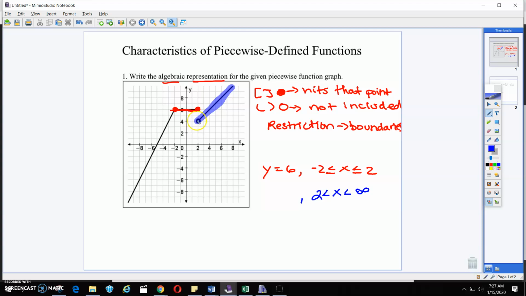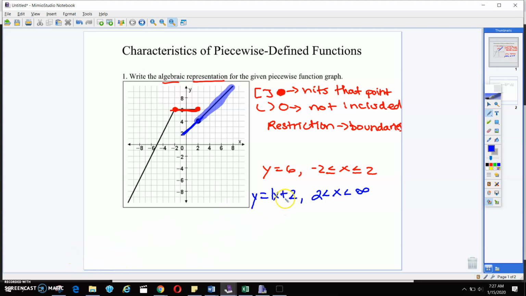If I go up 1 and I go over 1, do I touch the line, right? So we've got a slope of 1. And where would it touch the y-axis? If I extend this line, it's going to touch at 2, right? So the equation for this line is going to be y equals 1x plus 2.